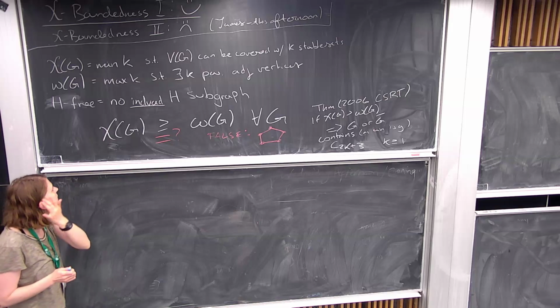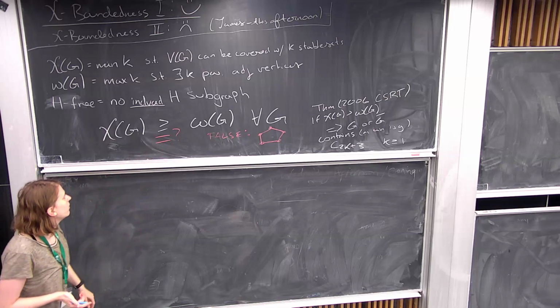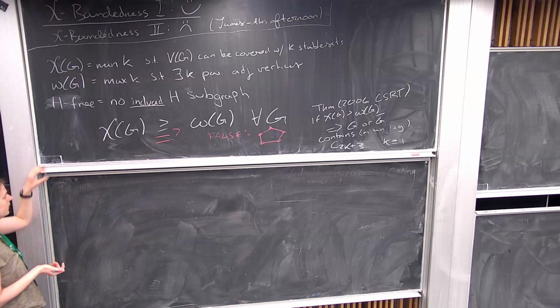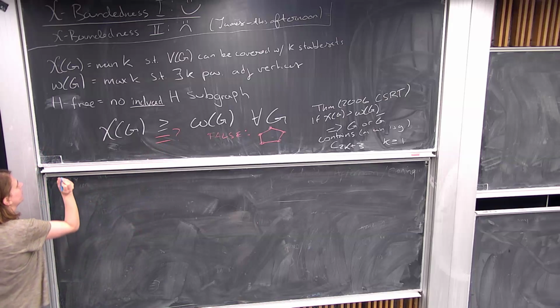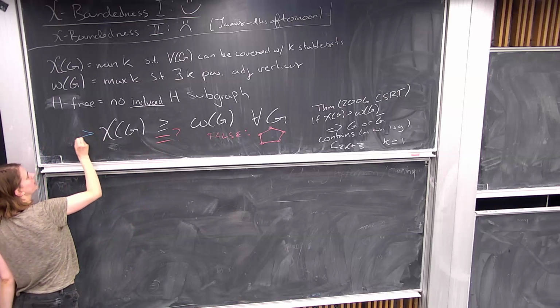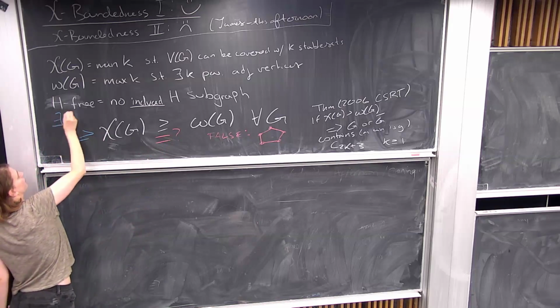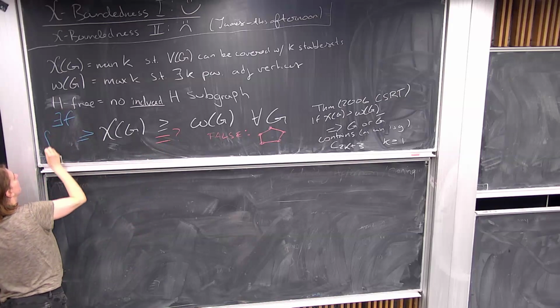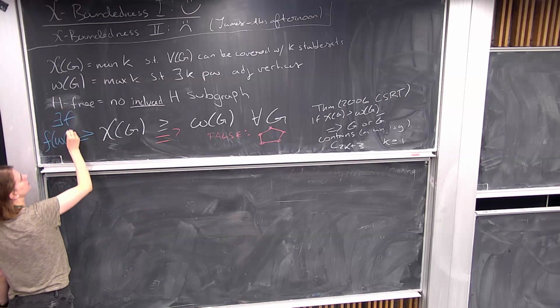So equality doesn't work. So we then try to make this a bit weaker and think, okay, we don't have equality, maybe there exists some f so that chi of G is at most that function of omega.